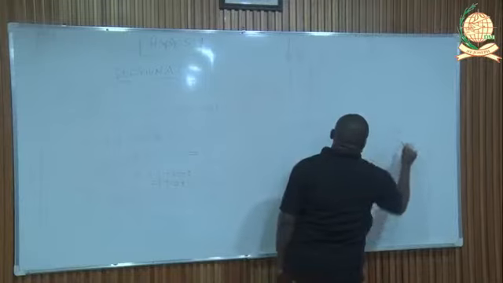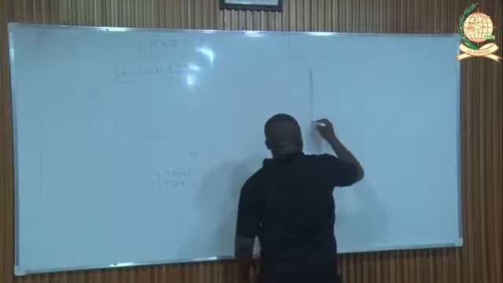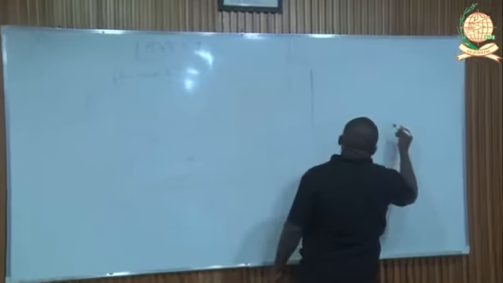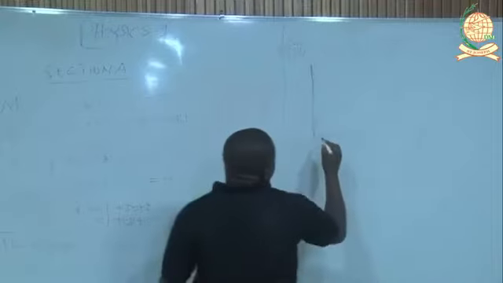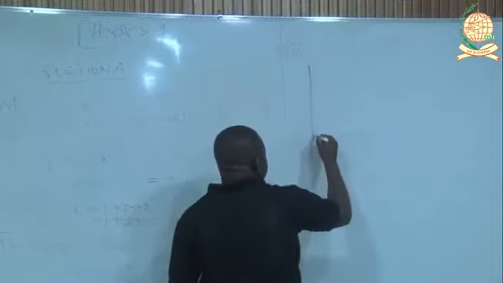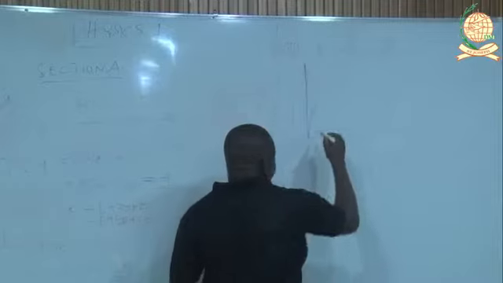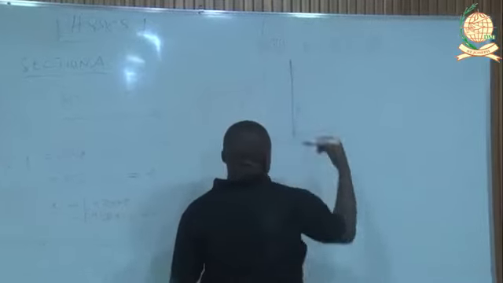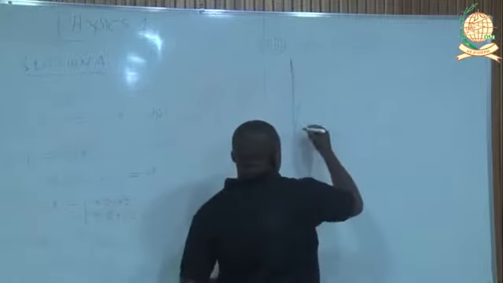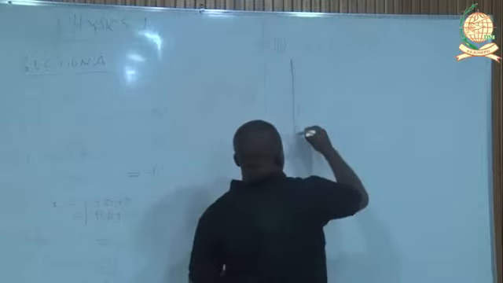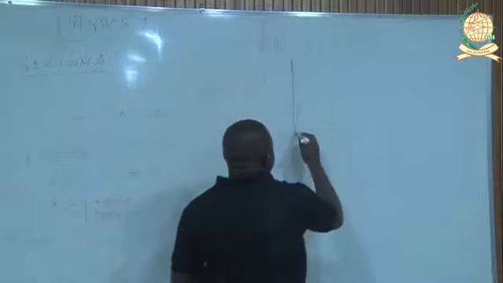draw your X and Y axis. Then you draw a projectile motion with initial velocity v naught and angle of projection theta.